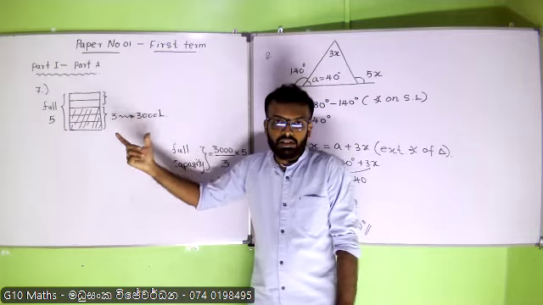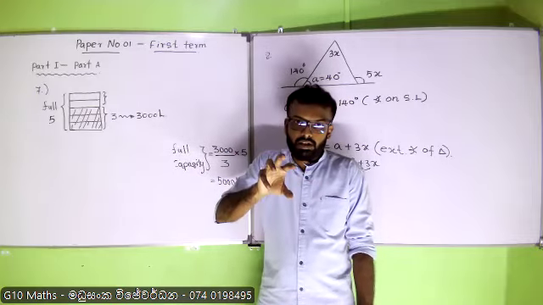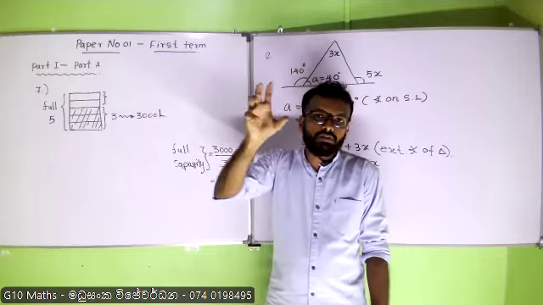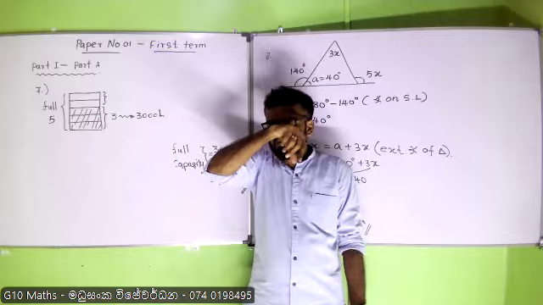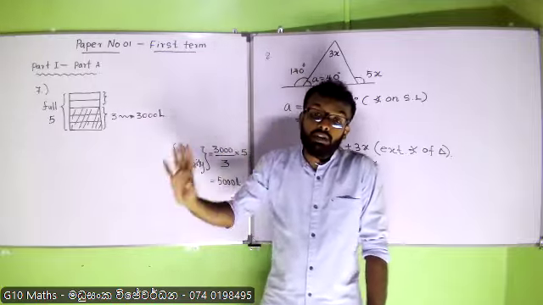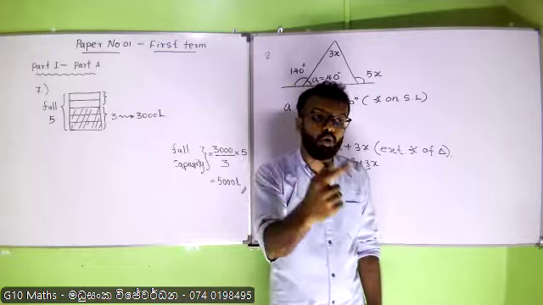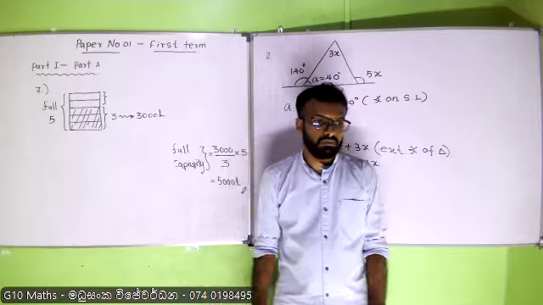Now you have 3 balls, right? You are going to buy those 3 balls from the shop, and the shopkeeper is saying you have to pay 300 rupees for those 3 balls. So what is the price of one ball?